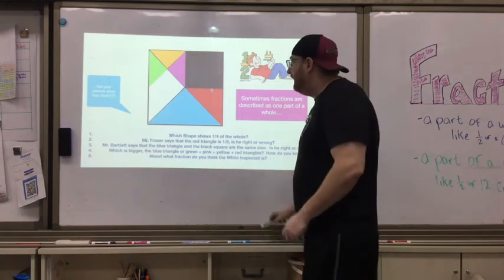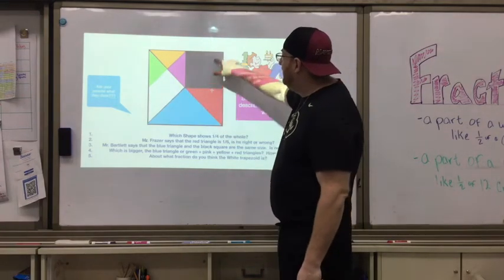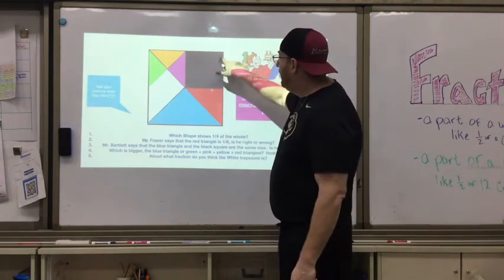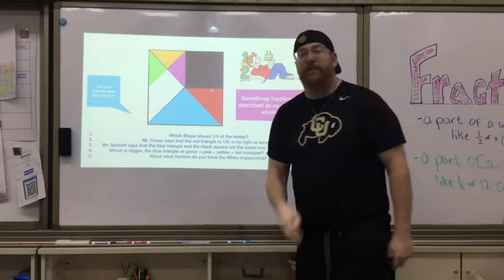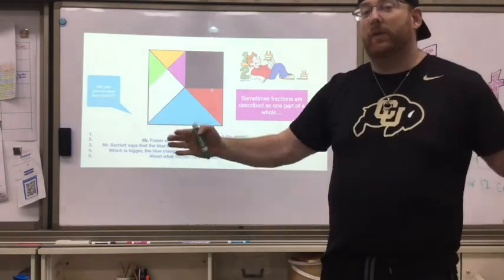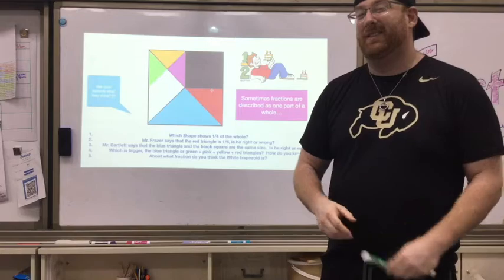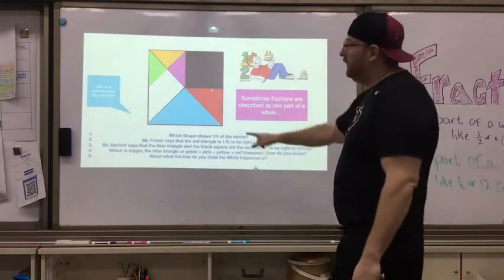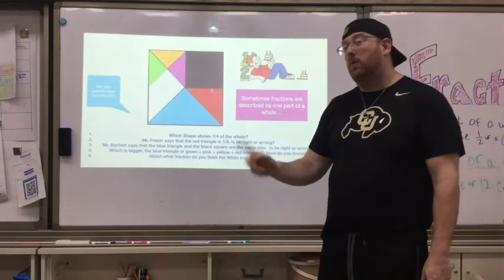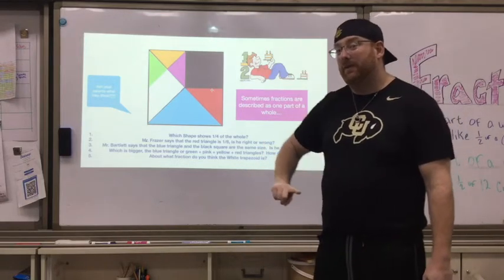Because if we extended this line here on the diagonal, we would know that this part is 1/4. And if we take 1/4 and cut it in half, we have 2 equal parts, which equals 1/8. So the red triangle doesn't equal 1/4 or 1/6, it equals 1/8.